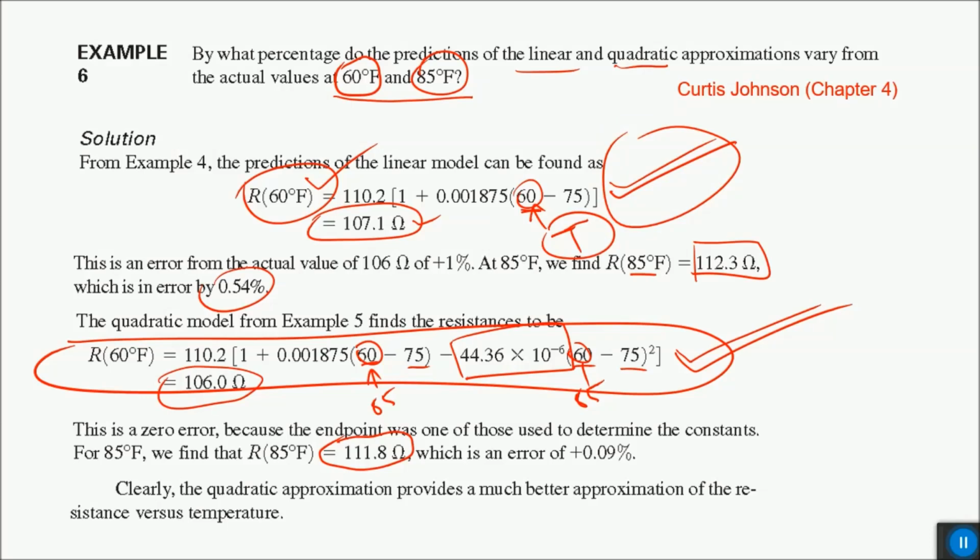Solving a linear equation may consume 4 machine cycles, but solving a quadratic equation may consume 14 machine cycles or even more. So there is a trade-off. Solving the quadratic equation requires more processing power as compared to the linear equation. So it depends on your application which one of these is more important, and then you can decide which approximation you want to apply in your own circuit design.